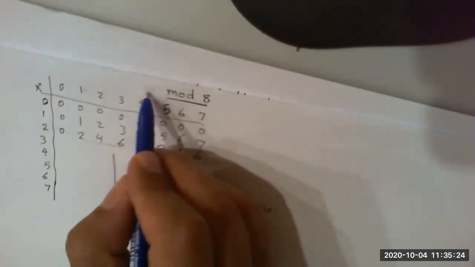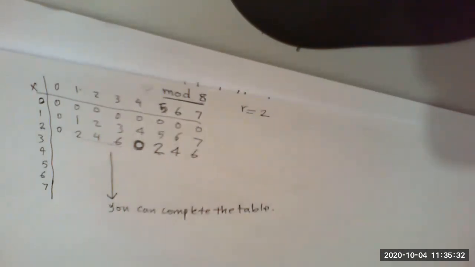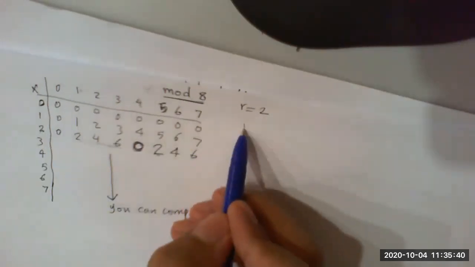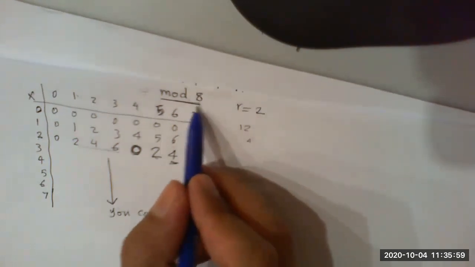So if I divide 10 by 8, it's going to give me a remainder which is 2. I don't concentrate on the quotient. Yeah, I got it. And also 6 multiplied by 2 is equal 12. 12 mod 8 is equal 4 because the difference between 8 and 12 is 4. So I write 4 here. 2 multiplied by 7 is 14, and the difference between 8 and 14 is 6. So I write 6 here.